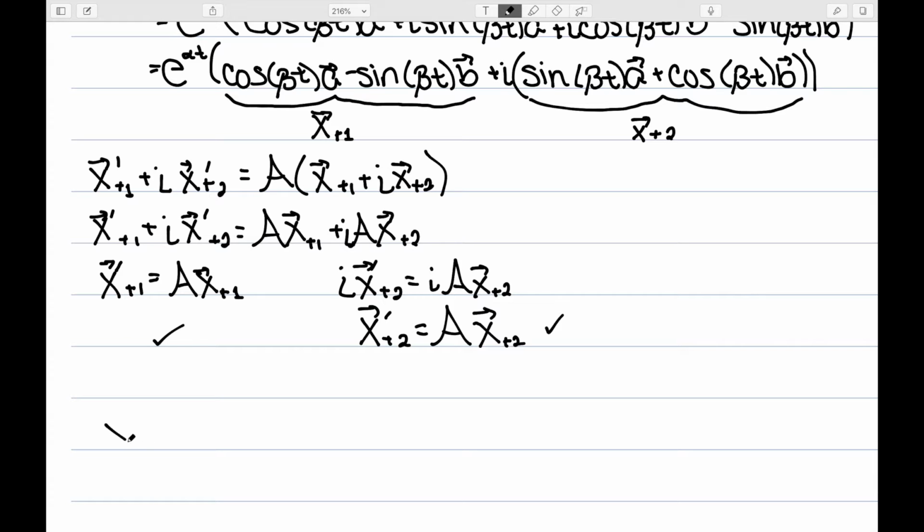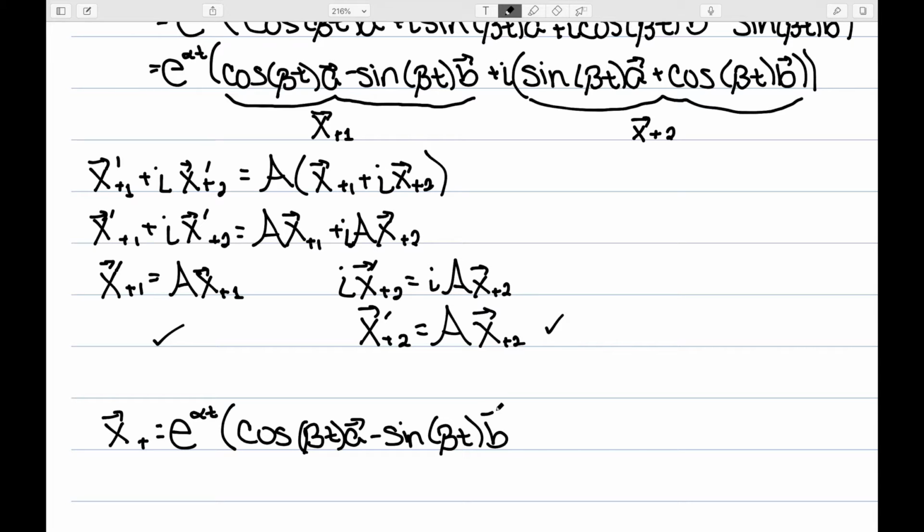Instead, I can write x plus as e to the alpha t times cosine beta t a minus sine beta t b, plus sine beta t a plus cosine beta t b.